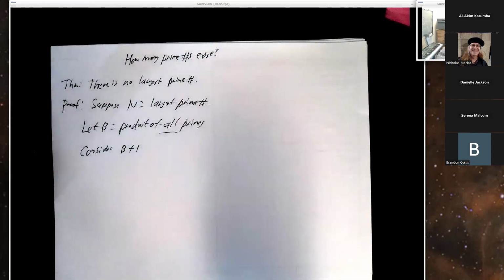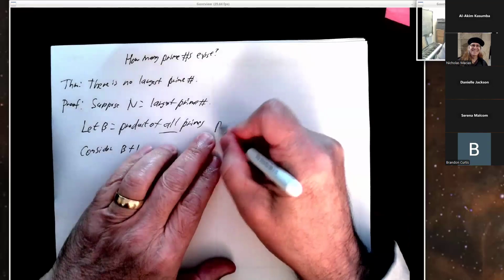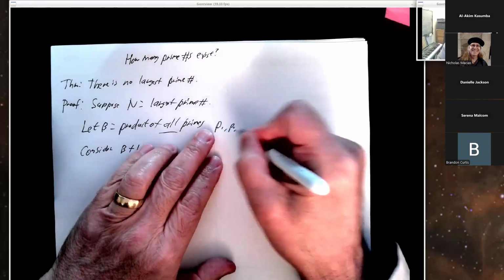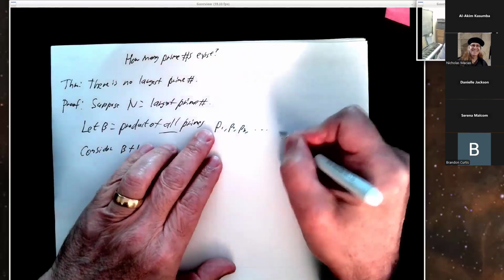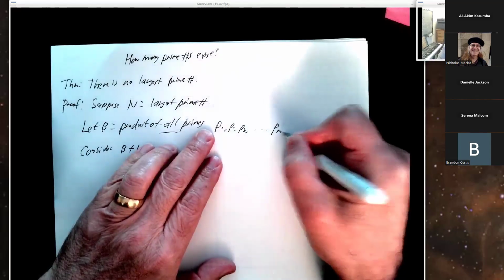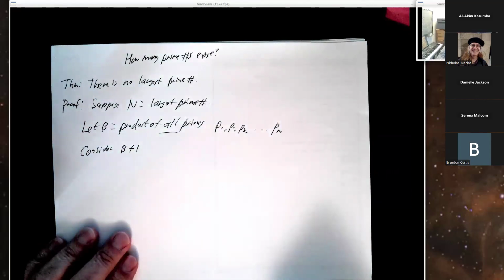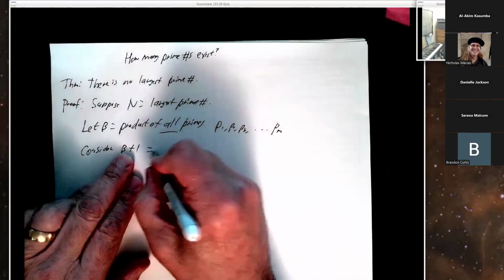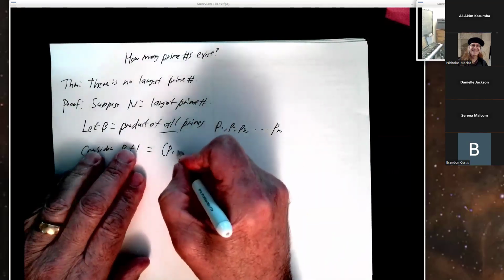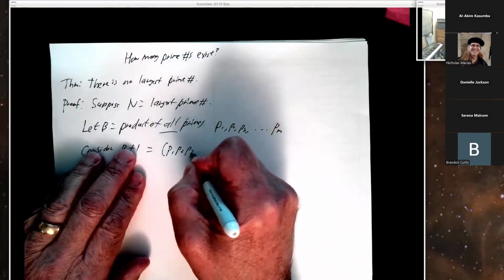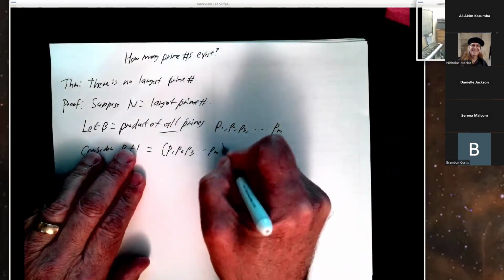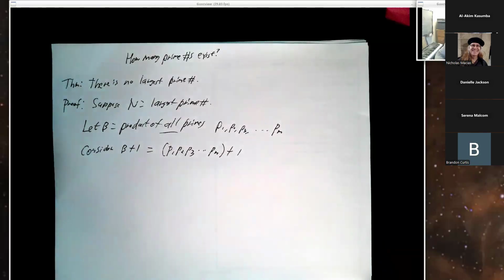So let's just number our primes. Let's think of our primes as P1, P2, P3, all the way up to, I don't know, P sub m for maximum, right? B plus 1 is the product of all of those, plus 1.